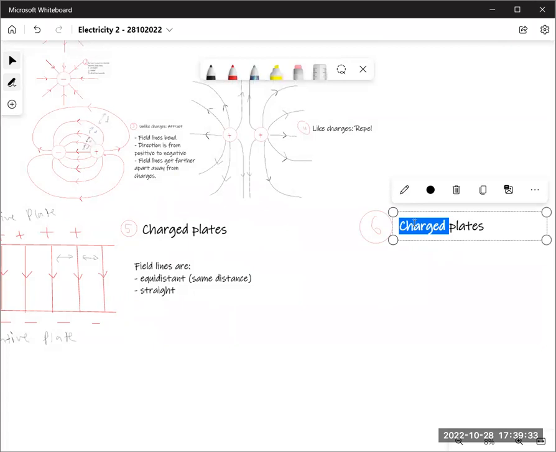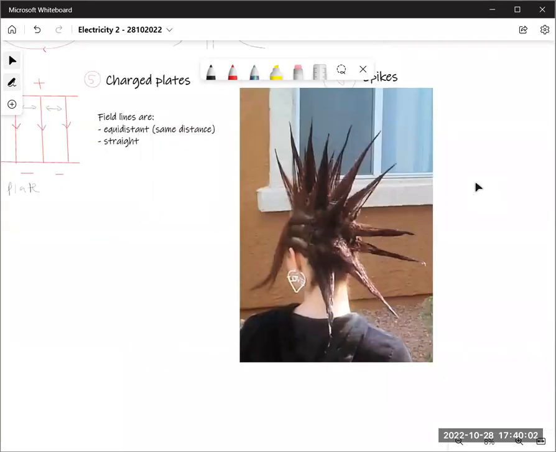Now we have spikes. What are these? Those spikes that come with the sharp edges. Not these spikes, by the way. We're not talking about that.